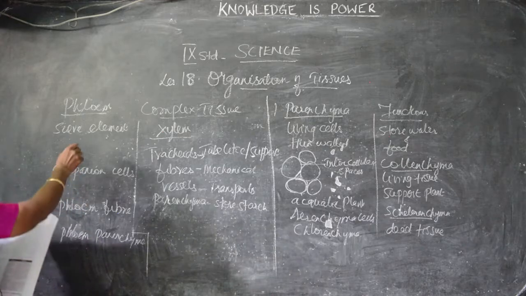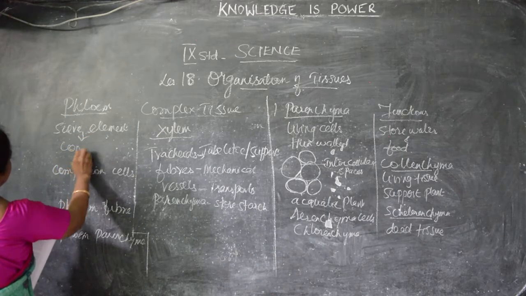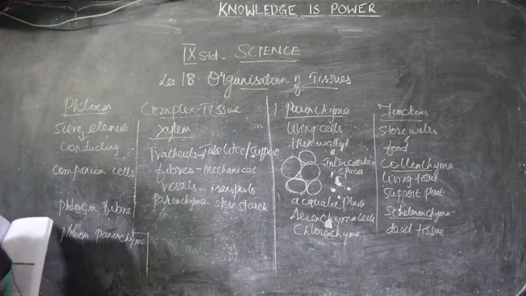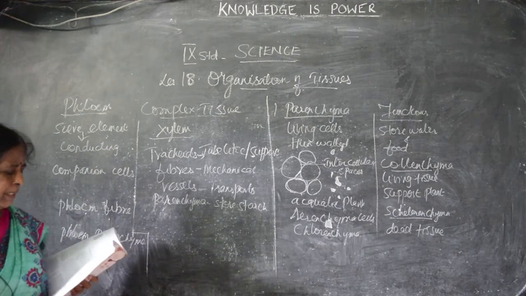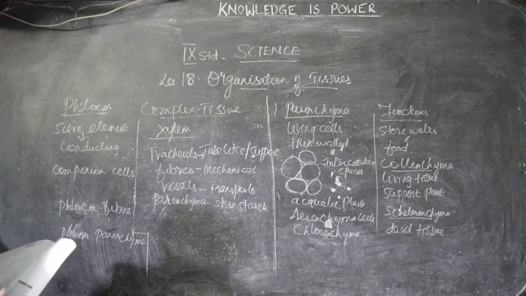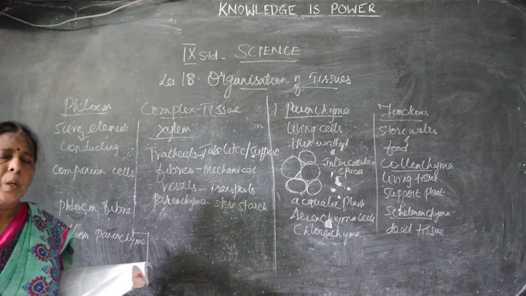They are conducting. Sieve means what? Tube-like structure. They are conducting food particles in the plants. The main function of sieve element is conducting. The main function is translocation of food from leaves to the storage of plants, from the leaf to all parts of the plant.